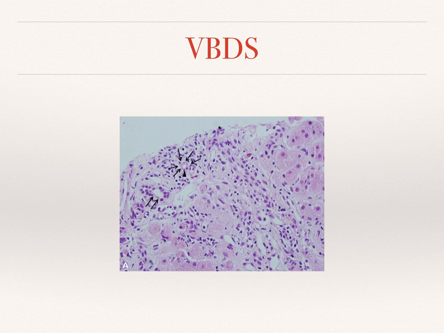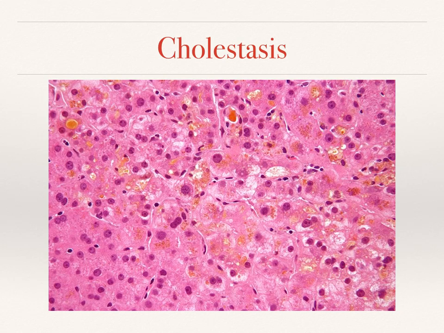There will eventually be a loss of cells in the hepatic bile duct. And you can see here the black arrows, and you can see the general guess of what happened. In this picture, you can see the holes in the liver brought on by this autoimmune response. If VBDS gets worse, cholestasis is a condition where bile cannot flow from the liver to the duodenum.